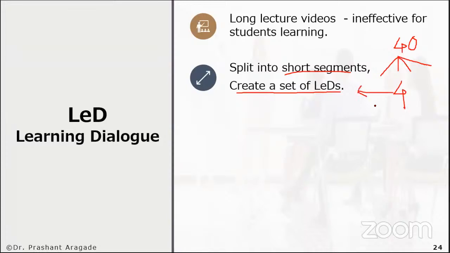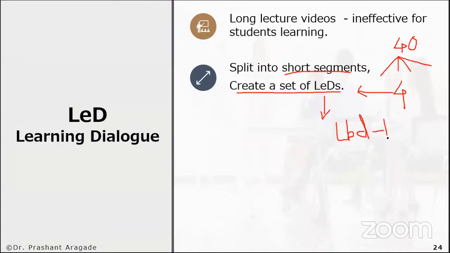If the video is very short, very interactive, and the design is very nice, then definitely students will go through one LED at a time. Then each LED is followed by an LBD, that is, a learning by doing activity.